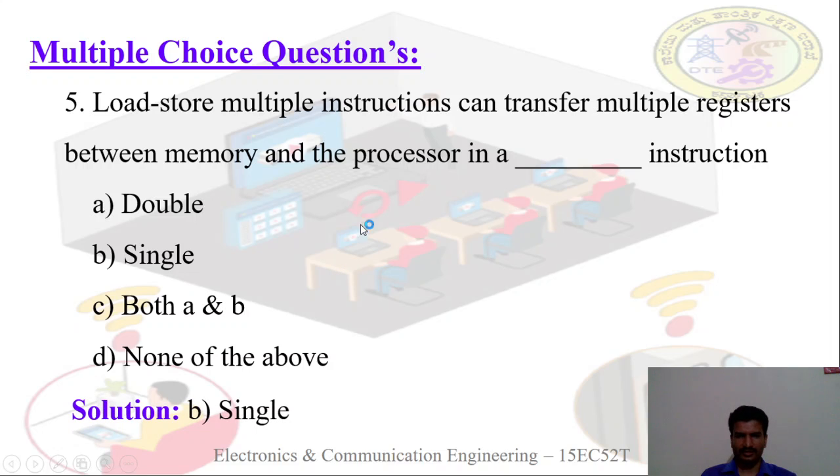As I told, that is the advantage of the ARM controller. We can transfer multiple registers, R0 to R10 or R0 to R6, any number of registers, using a single instruction. So B is the right answer.